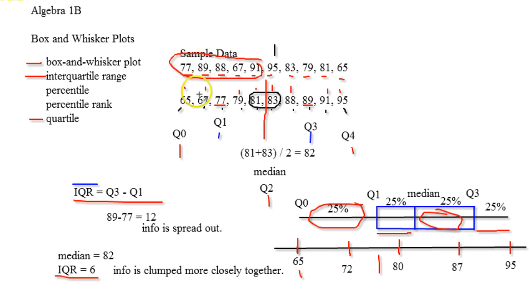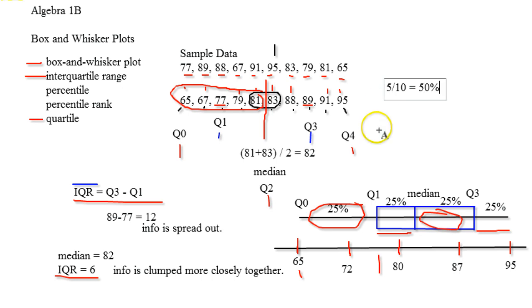Okay, I happened to circle the wrong solution. Here, let me move this down. There we go. Okay, there are 5 numbers less than that, then that would be 5 out of 10. So that makes sense. So that'd be 50% in there.